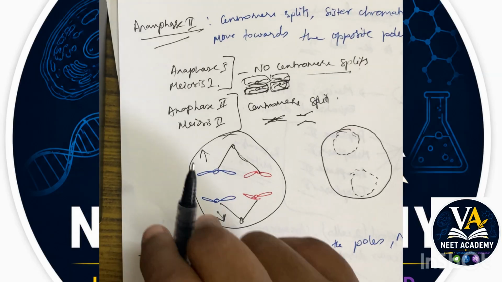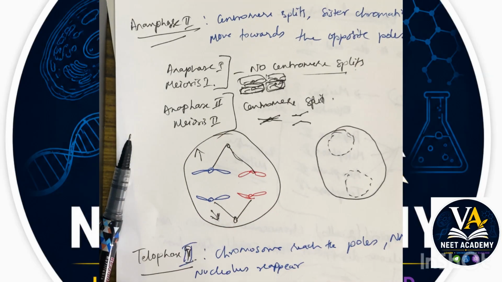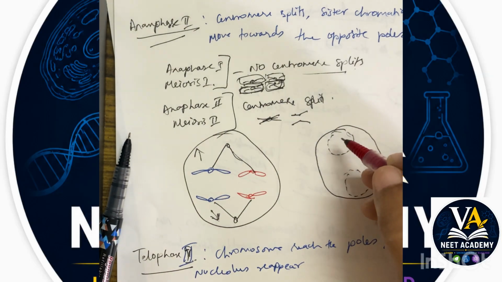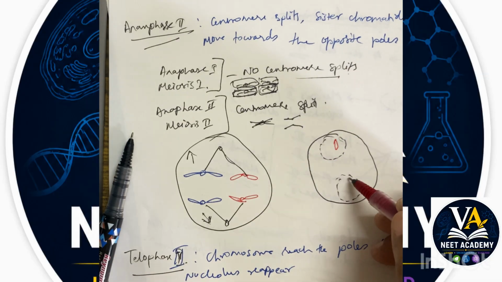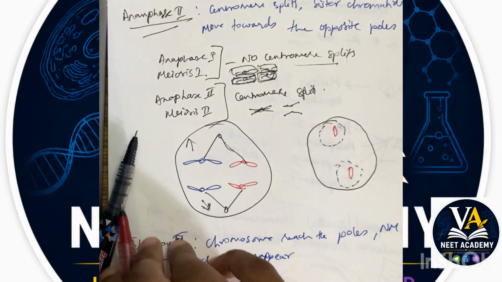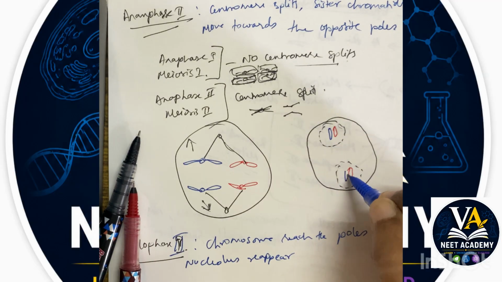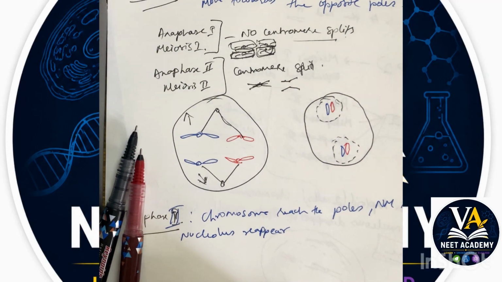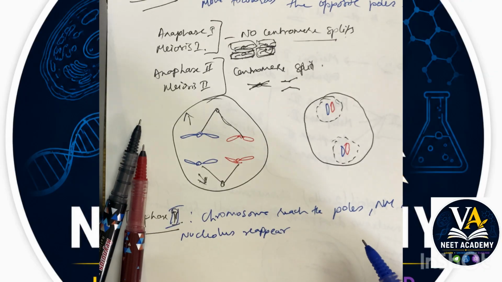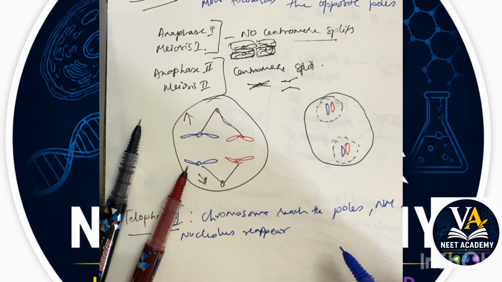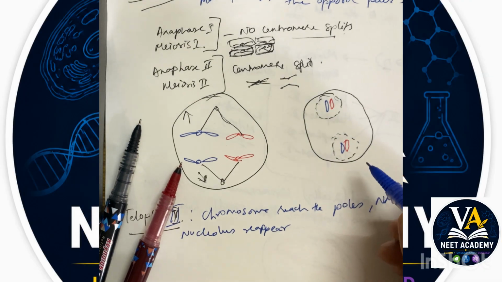Around the chromosomes, which have already reached the opposite poles. This is one chromatid which has reached the pole, and this one is the other one. Now this is called telophase II.